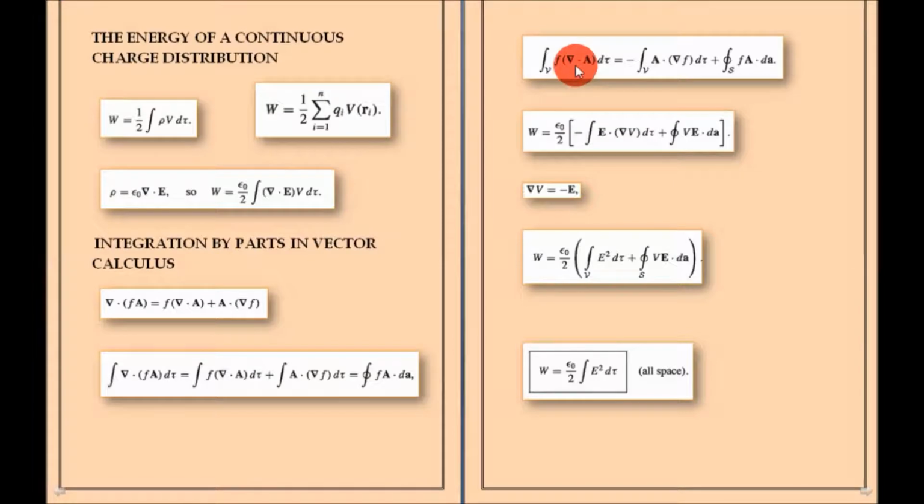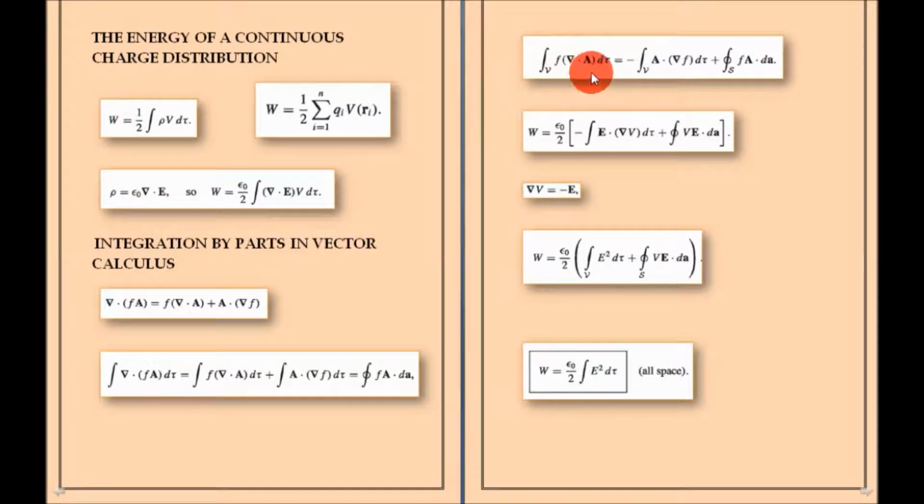By parts lets us transfer the derivative from A to F at the cost of a minus sign and a boundary term.